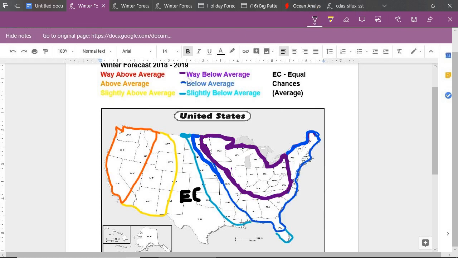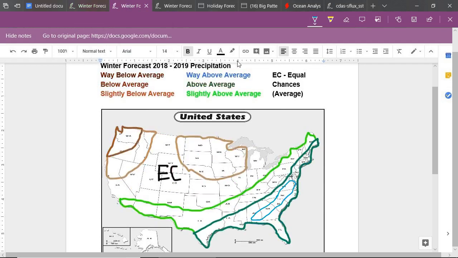Now, for the way below average temperatures, this is what you see in the purple right in here, where I'm going to be circling this in the black, for way below average temperatures for the most part. Now, EC, equal chances, means pretty much in this area in particular where you're not really in a color code. EC means equal chances, or you could say average. That could work as well.